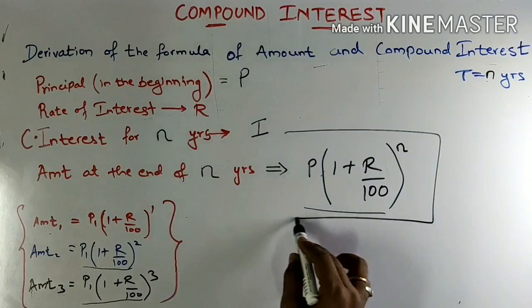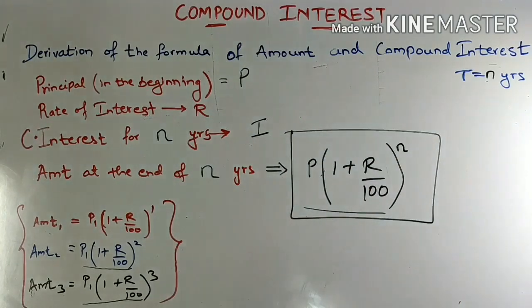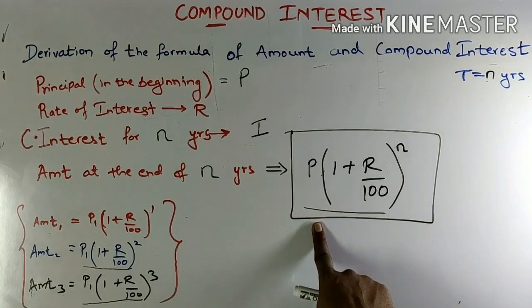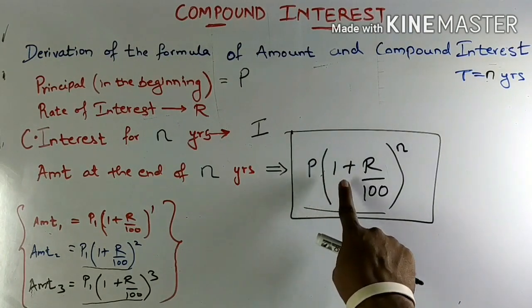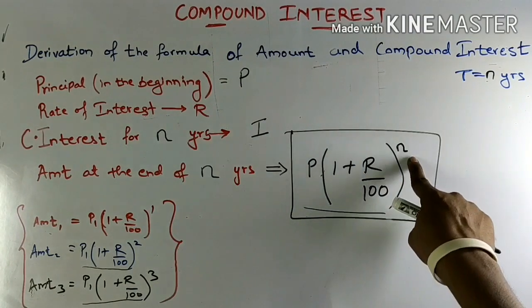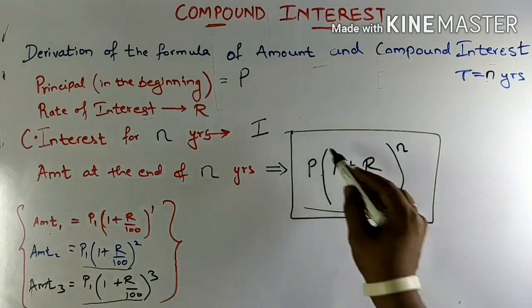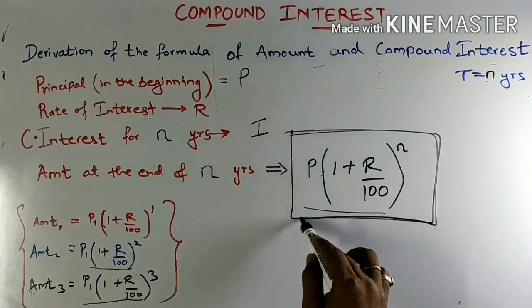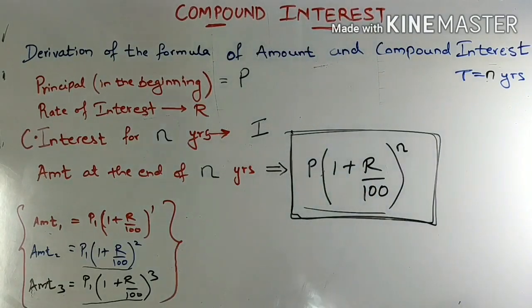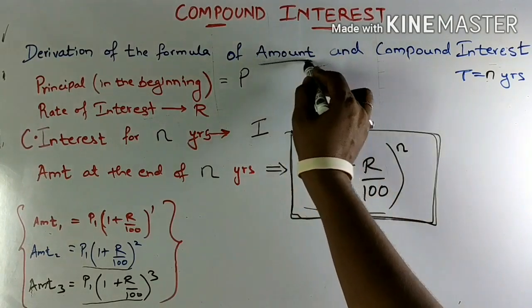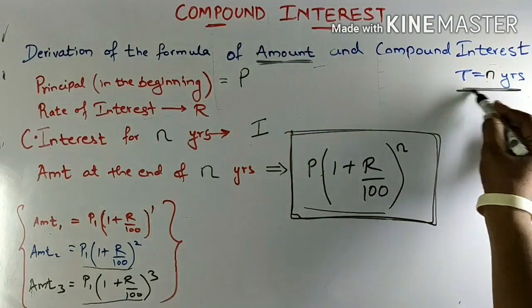So if I want to find the total amount which is to be paid at the end of n years, the formula for calculating will be P into 1 plus R by 100, the whole raised to n. Again, remember this formula the way we have remembered the formula for simple interest. This formula is for finding the total amount at the end of the tenure n years.